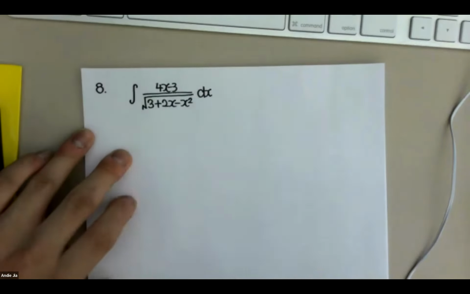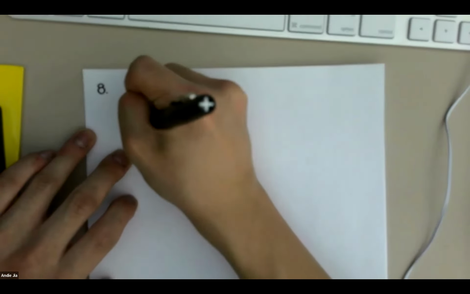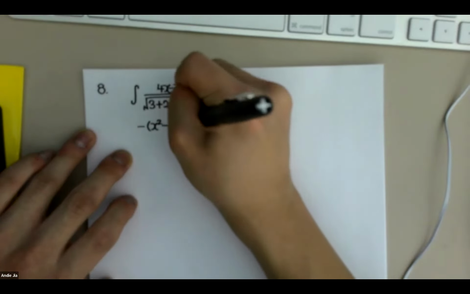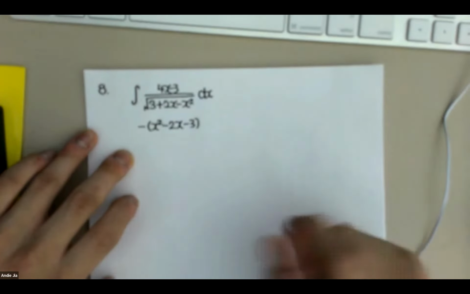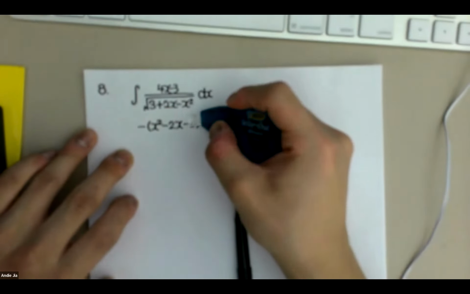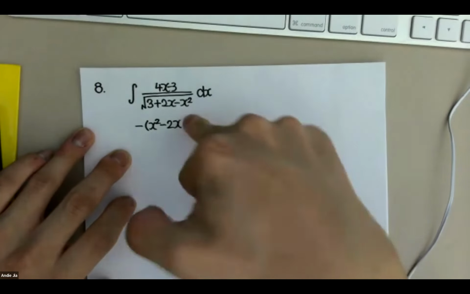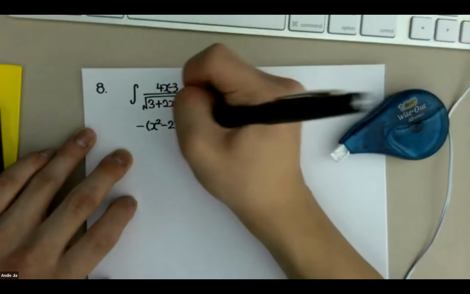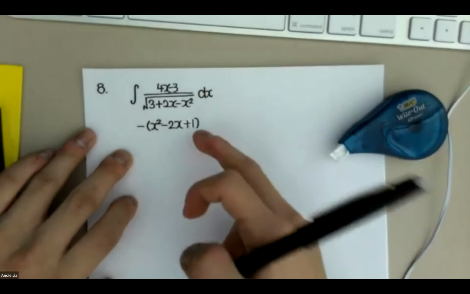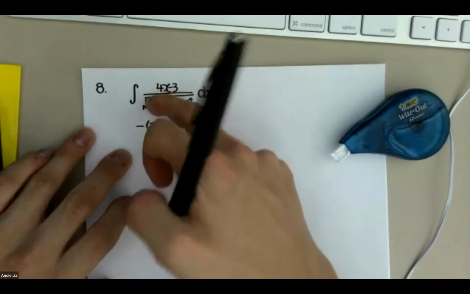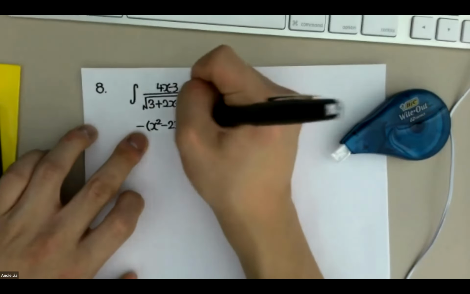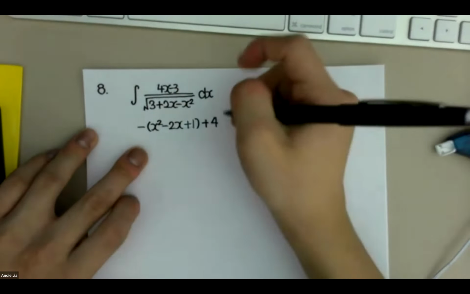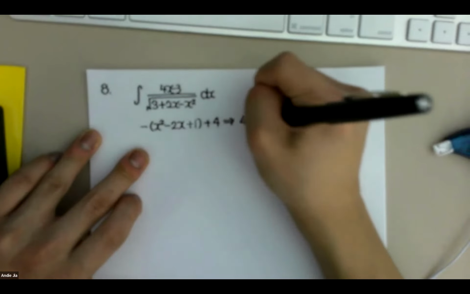So we write it as minus x squared minus 2x minus 3. Actually it is x squared minus 2x plus 1, so this is a square, and then we have a minus 1. How do we get 3? It's plus 4, and then we move the 4 to this side.